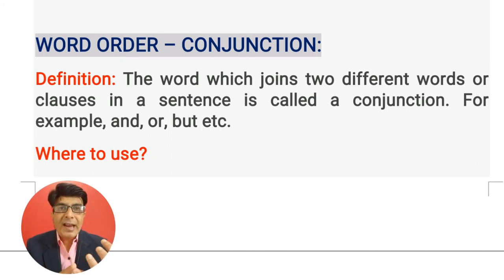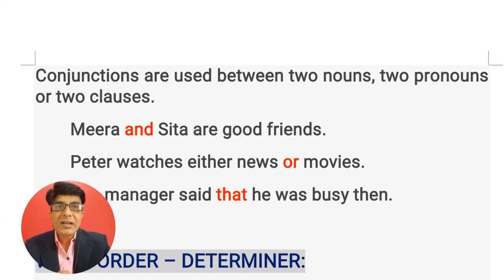For example, and, or, but, either or, neither nor. These are the conjunctions. Now the question is where to use these conjunctions. Remember, these conjunctions are used between two different nouns, two different pronouns, or sometimes two different clauses.